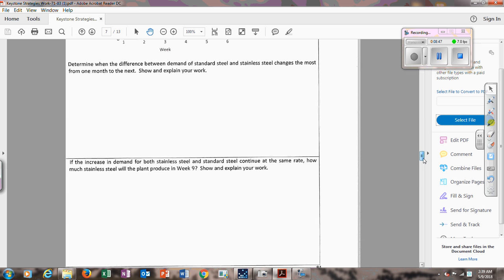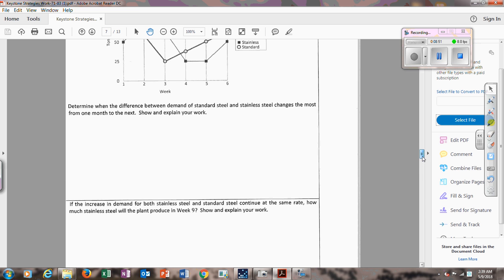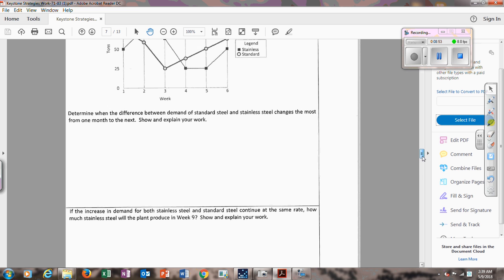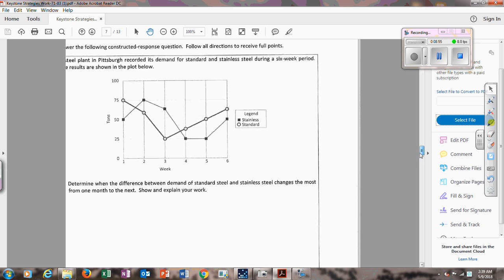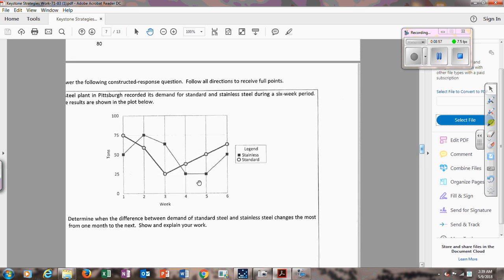If the increase in demand for both stainless steel and standard steel continue at the same rate, how much stainless steel will the plant produce in week 9? Show and explain your work. So from week 5 to week 6, for stainless steel, it goes from 25 to 50, or close to 50.